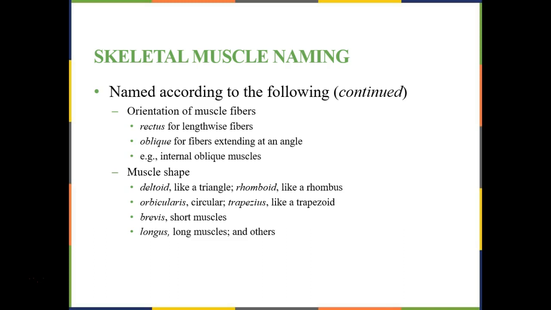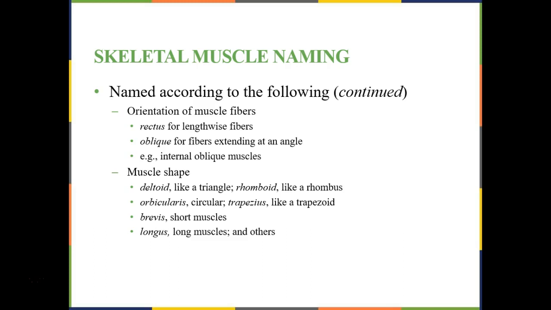We can name muscles according to the orientation of muscle fibers. So I always like to talk about the obliques because that's my favorite. Oblique means an angle. We have already talked about an oblique plane, so you know that angle. The term rectus means lengthwise. So if you look at the rectus abdominis, it runs the length of the abdominal region.